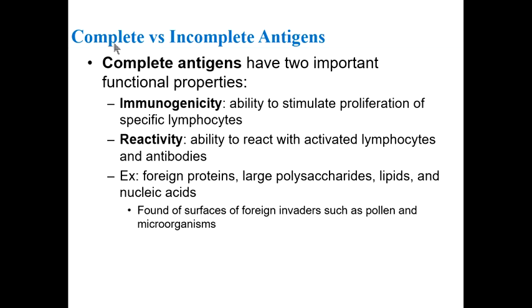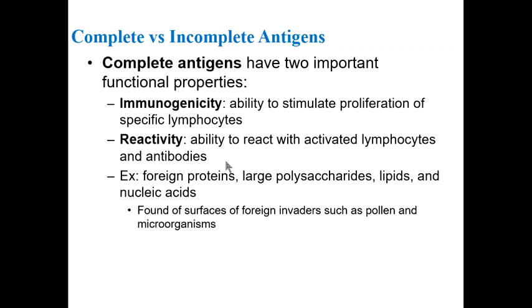Antigens could be complete or they may be incomplete. Complete antigens stimulate proliferation of specific lymphocytes. For example, when a lymphocyte, like a B cell, comes in contact with a complete antigen, proliferation means they start dividing and become active. That property is called immunogenicity.